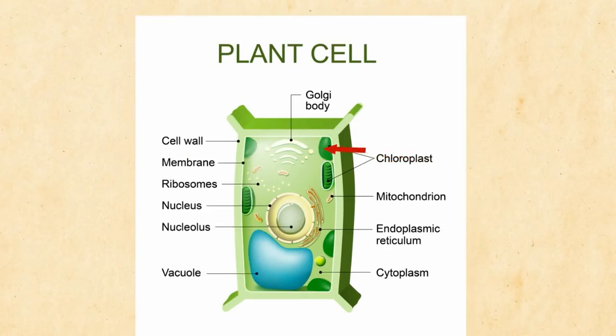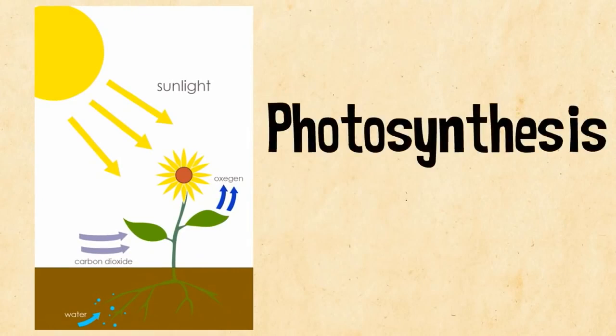Plants have chloroplasts that contain chlorophyll, and this is used to produce glucose, which we also call sugar. Plants take carbon dioxide plus water with sunlight to create glucose and oxygen in a process called photosynthesis.